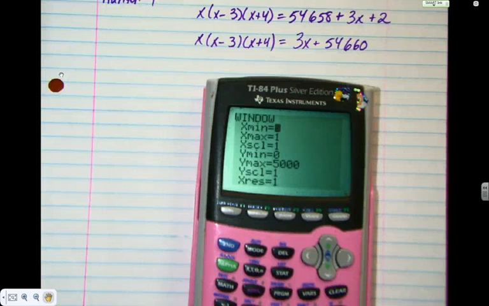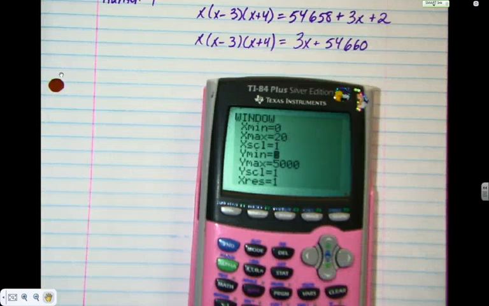Okay, window values. Can we keep the x min as 0? Okay, how do we know 0 is a good number? Yeah, can't have negative ages. What about 1 for the max? No. Yeah, well, we know Hunter's 1, but probably the other ones are older, so give me a number.